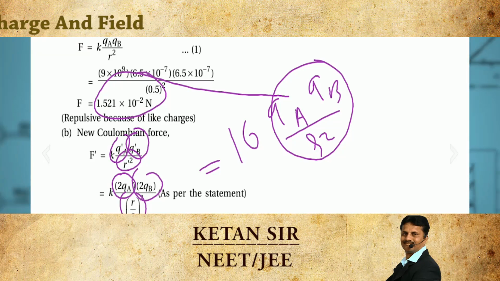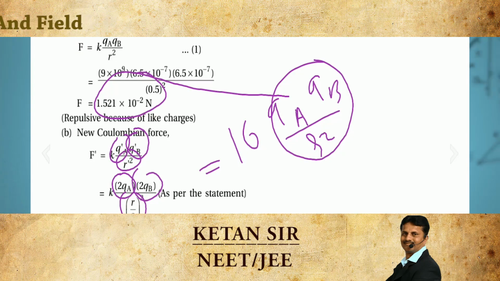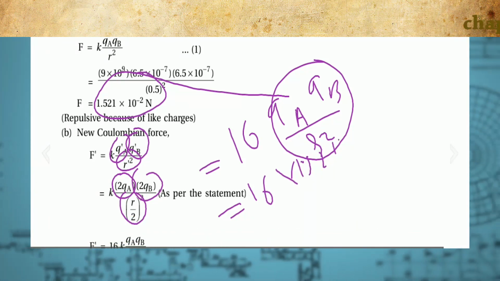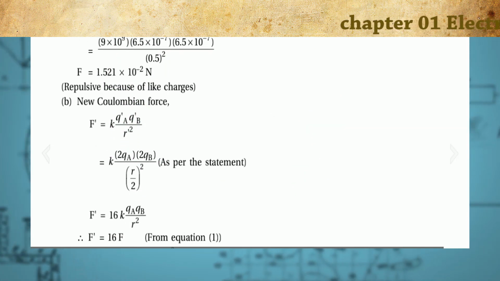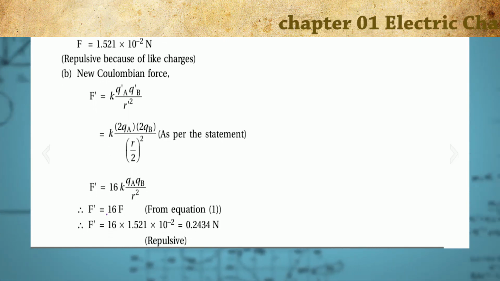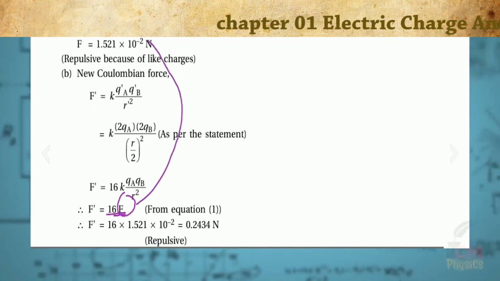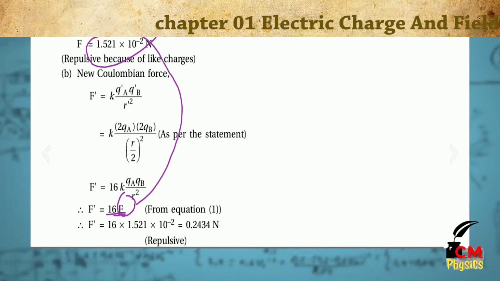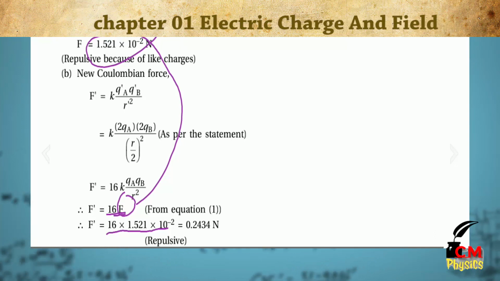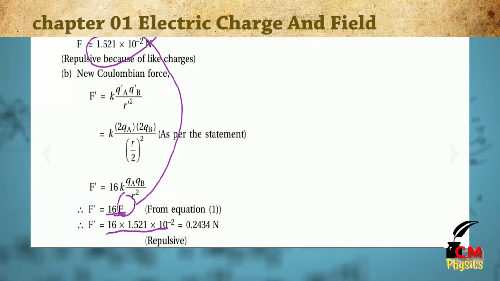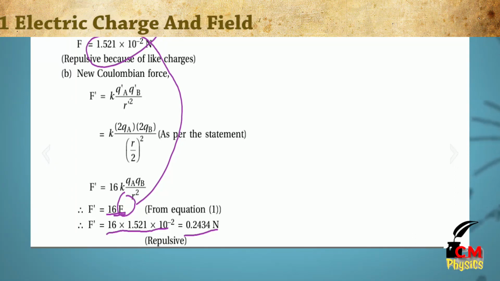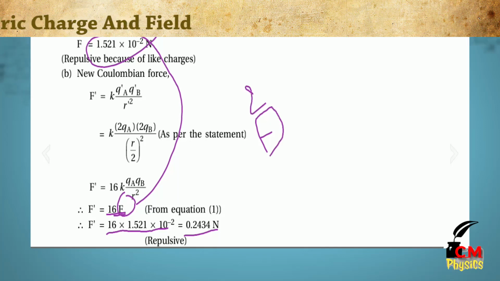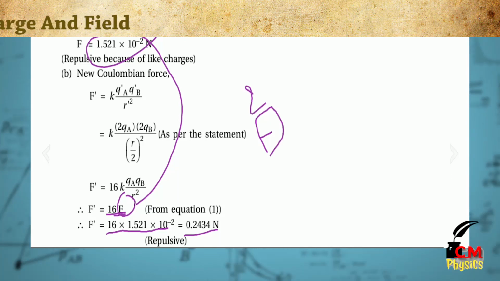QA QB by R square value is 1.521 into 10 raised to minus 2. Therefore, simple calculation, 16 into 1.521 into 10 raised to minus 2, 16F, you are getting the answer 0.2434 Newton repulsion, because the nature of charge is not changed, amount is double but nature of charge remains the same.